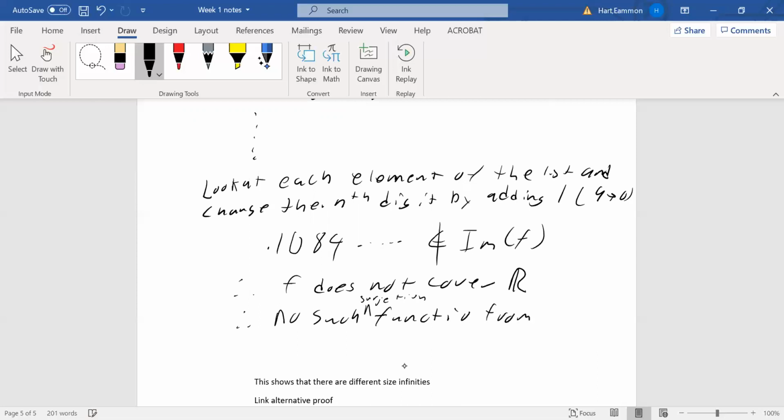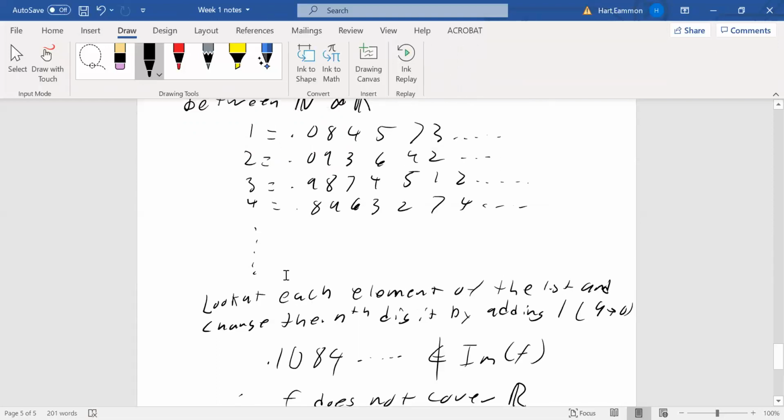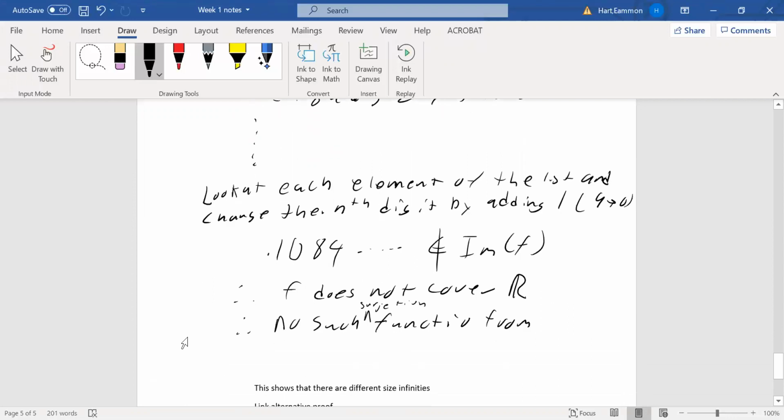Because we can do this with any F that you give me, it's not just arbitrary based on these guys. Any single F that you give me, this system of looking at the nth element of the list and changing that nth digit by adding 1 is going to generate an element that is not in the image of your function.